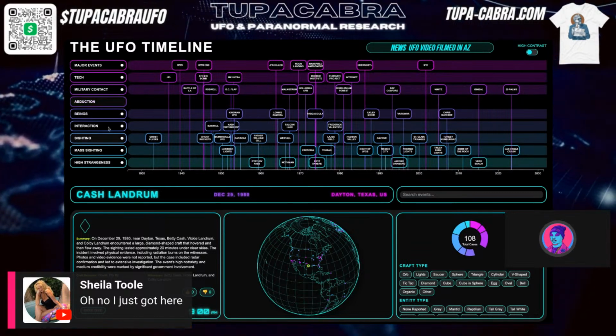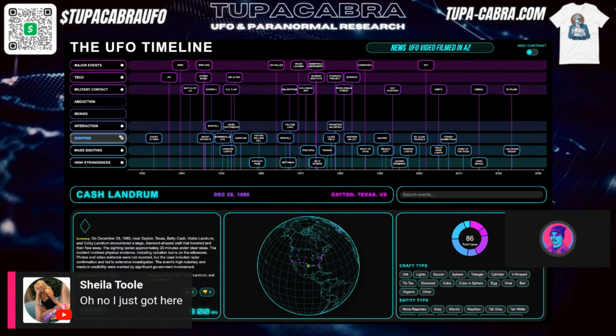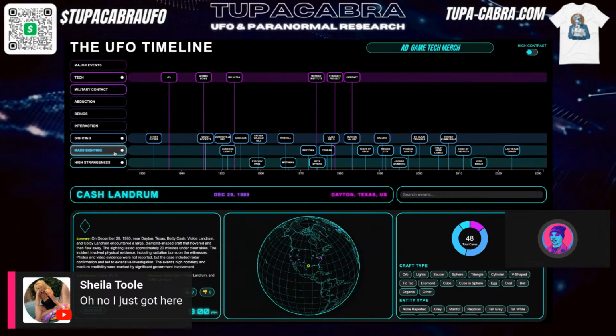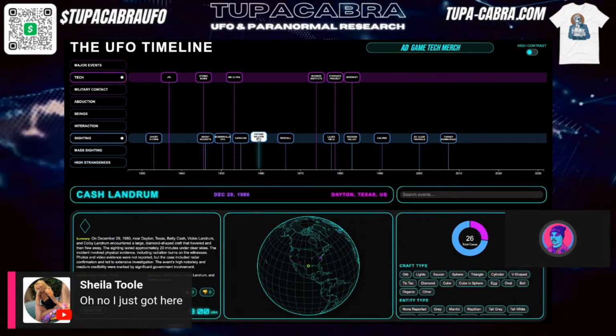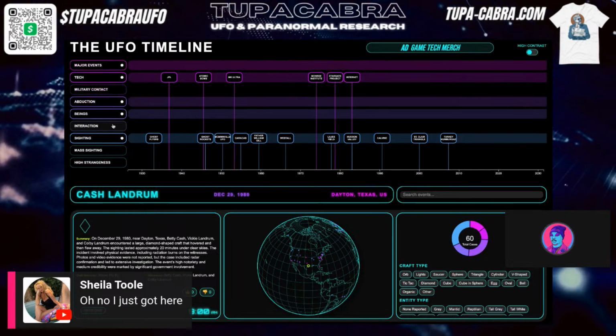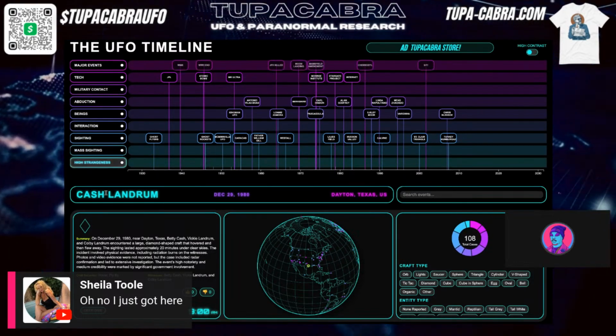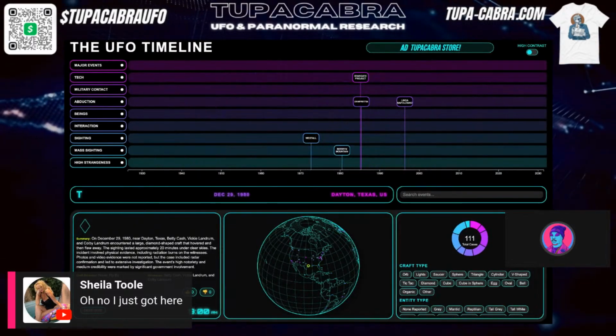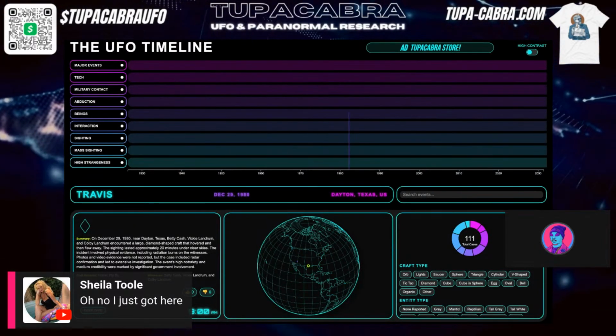You can turn on and off every category to decide how you want to do your research, what's relevant to you, and what's relevant to your goal here, right? So that's a really cool feature. Then you got these search fields. You can search by case name. I always search up Travis. I don't know why. I think it's because I know it'll always work.